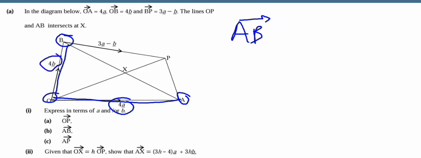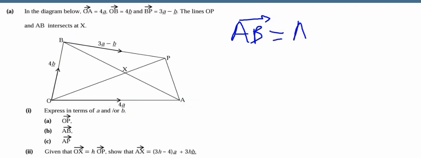So when we move from A, we go to point O. Then from point O to point B. So those are the routes that we are going to take here.